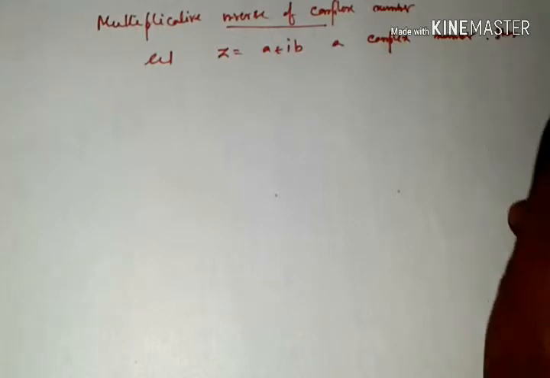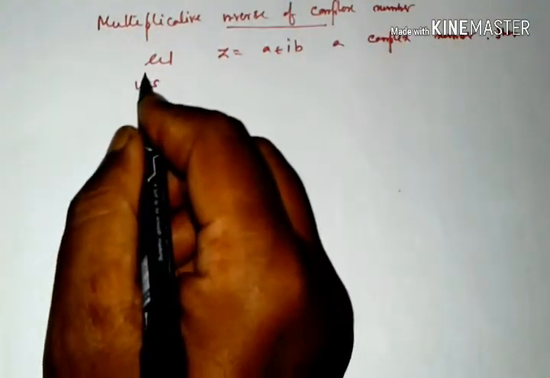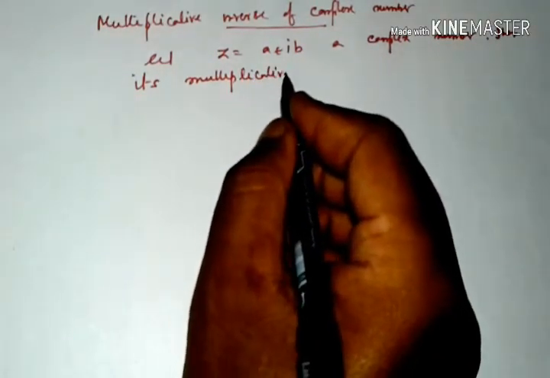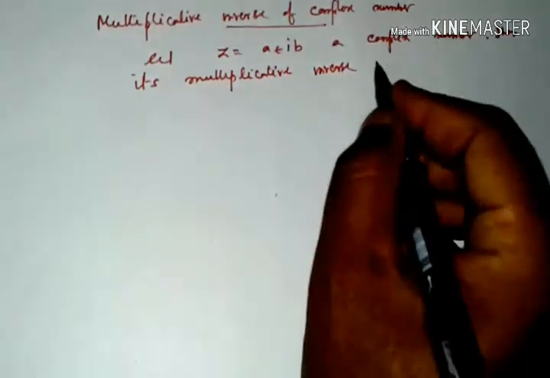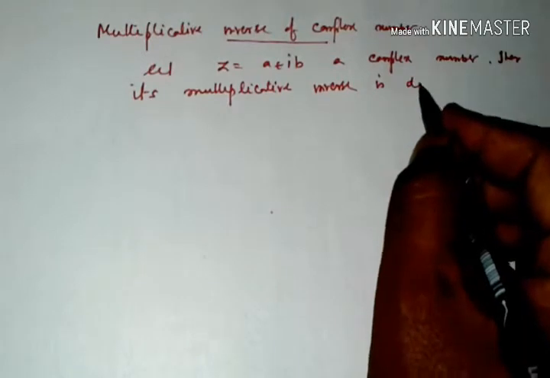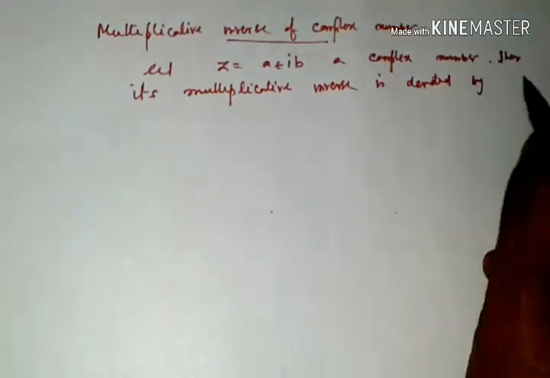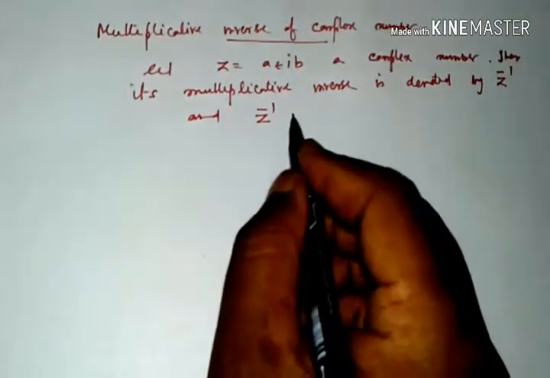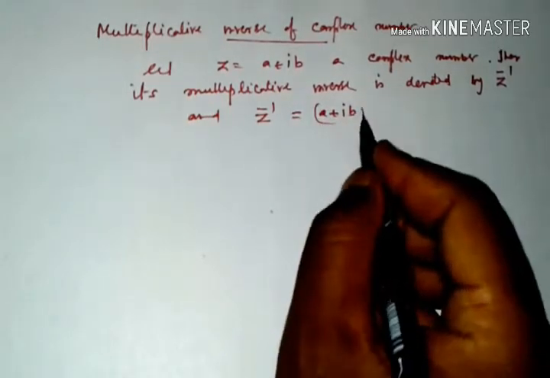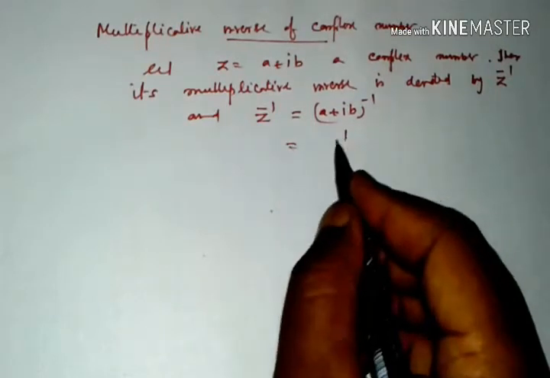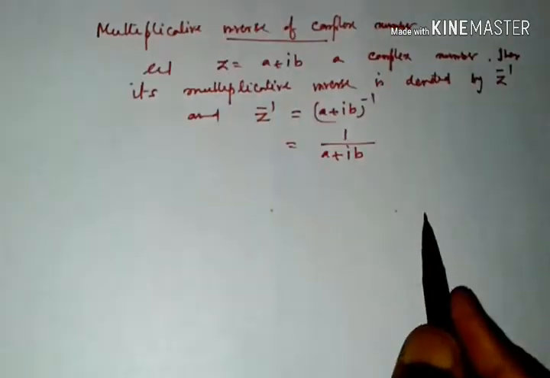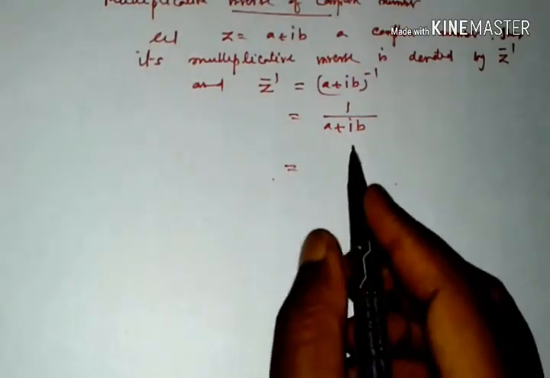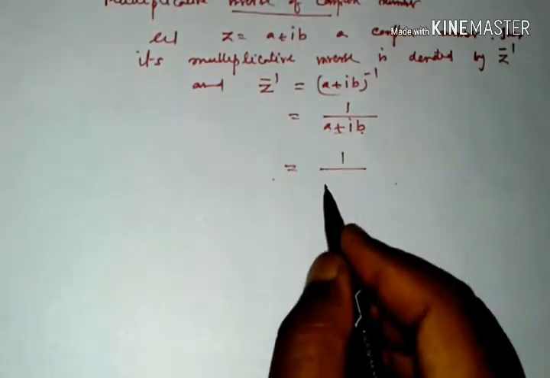Then its multiplicative inverse is denoted by z to the power minus 1, and z to the power minus 1 is equal to (a plus ib) to the power minus 1, and this can be written as 1 by a plus ib, and we have to simplify it.